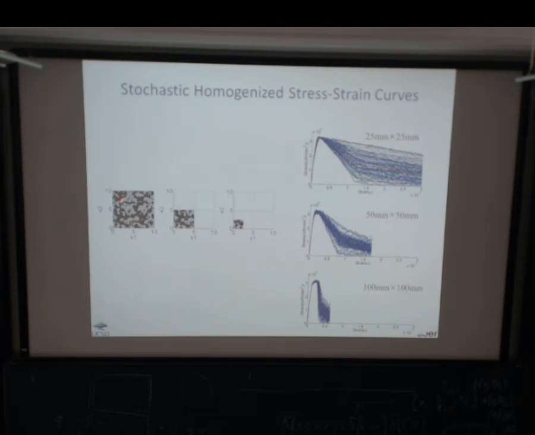So for every sample, I take the bigger sample. I don't change the microstructure. Take a bigger sample, smaller sample, and smaller sample. And then you load it, you observe how it fails. You see, the bigger samples fail easier. So it's consistent with the theoretical prediction.